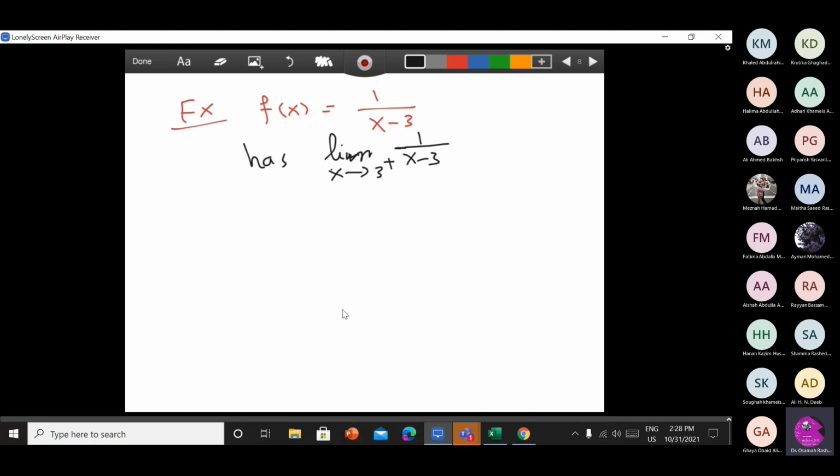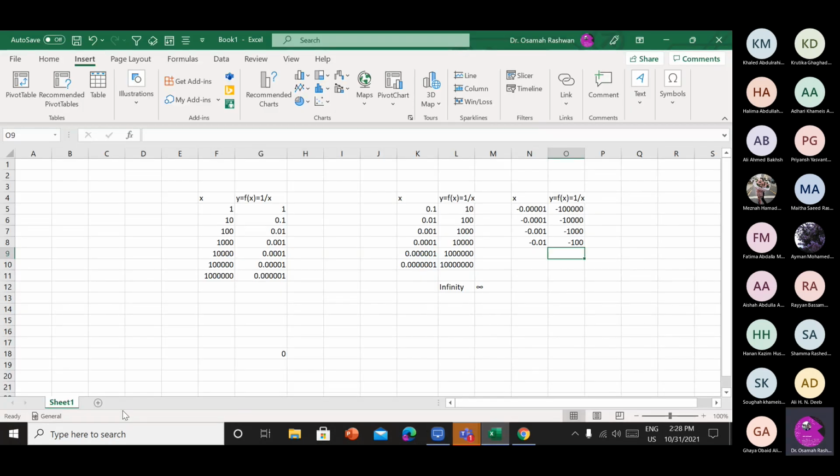Can you do it by Excel and check the value? And the other limit from the left. Let's go for this function from right and left and find the value and check.